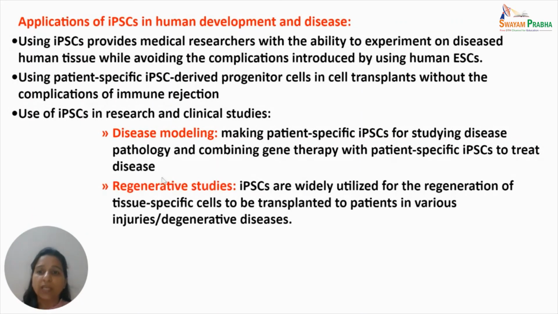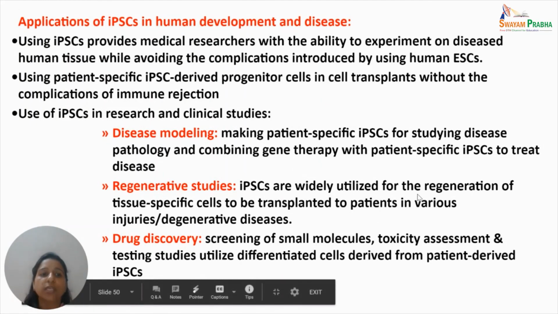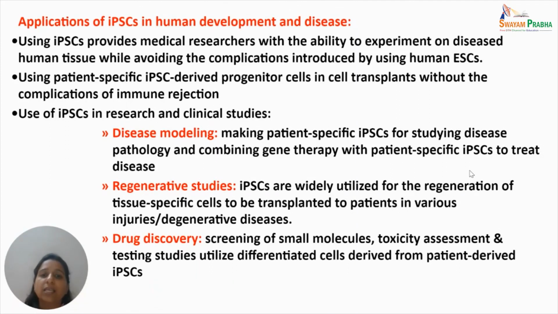They also find applications in regenerative studies, where they are widely utilized for the generation of tissue-specific cells to be transplanted to patients in various injuries or degenerative diseases. In drug discovery, in screening of small molecules, in toxicity assessment, and in testing studies which utilize differentiated cells, here the induced pluripotent stem cells directly derived from the patient can be used in certain experiments.